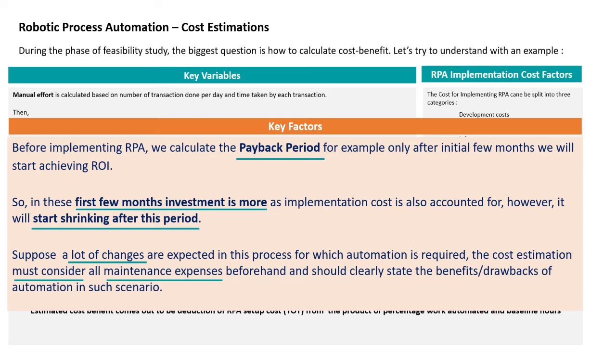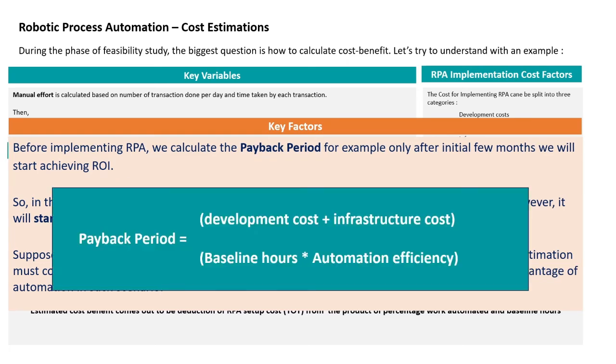So after we have done all this, we can see a formula for the payback period, which can be defined as the development cost plus the infrastructure cost. So this is the initial cost while we are starting up the project, like buying the licenses, setting up the environment for the implementation phase, hiring skilled resources, everything.